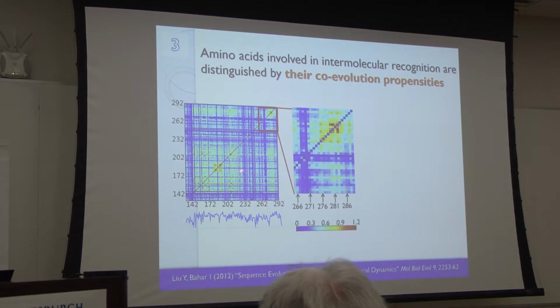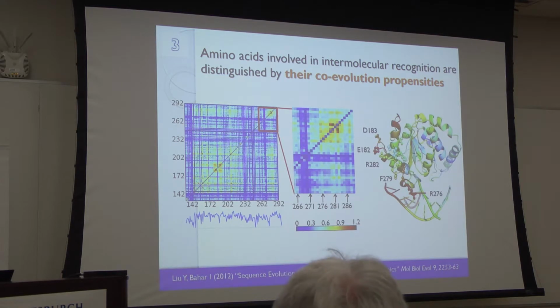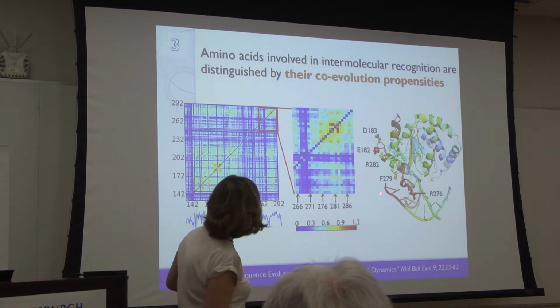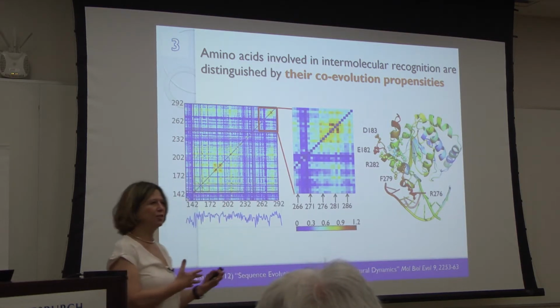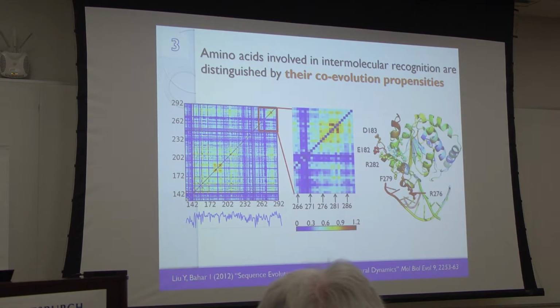So when we analyze the coevolution behavior and focus on a given region where we have many residues that show strong coevolution signals, then we see that those are actually clustered at an interaction site, at a region that interacts with substrate. That's one of the examples that I wanted to show. But in general, many co-evolving residues co-evolve because they have to adapt to their interactions in the cell.